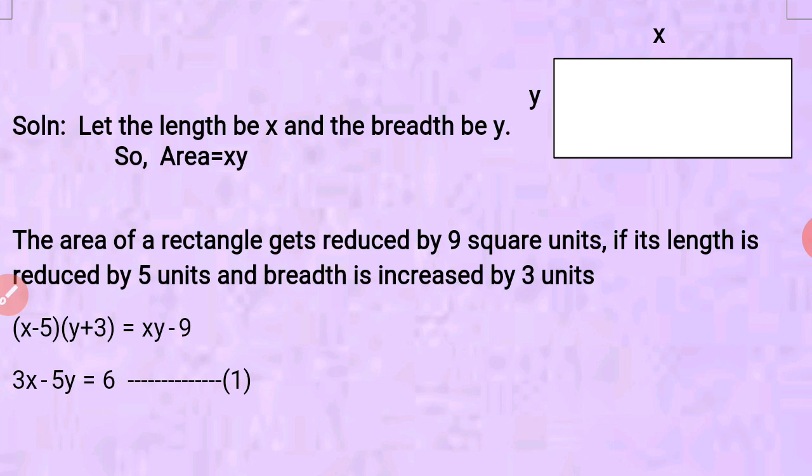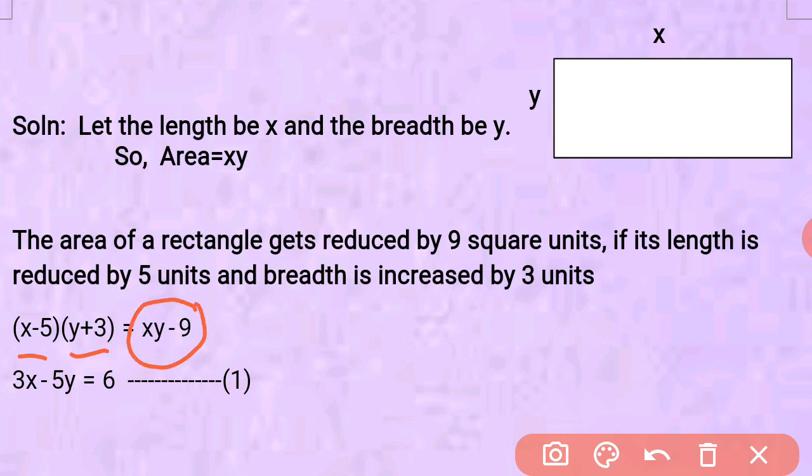And we all know that the multiplication of length and breadth is area. That is why we have written these two brackets. They are length multiplied by breadth. x minus 5, y plus 3. That is length multiplied by breadth, which gives you this as the area.